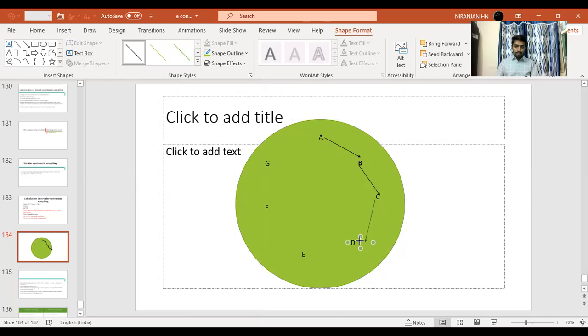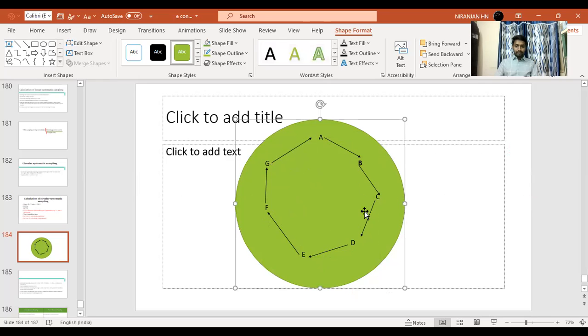A, B, C, D, E. So this is how the circular systematic starts flowing.